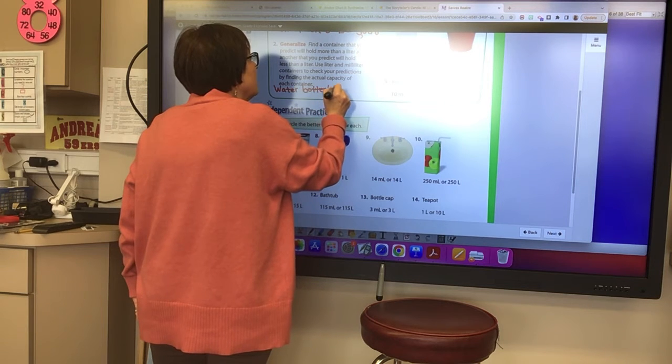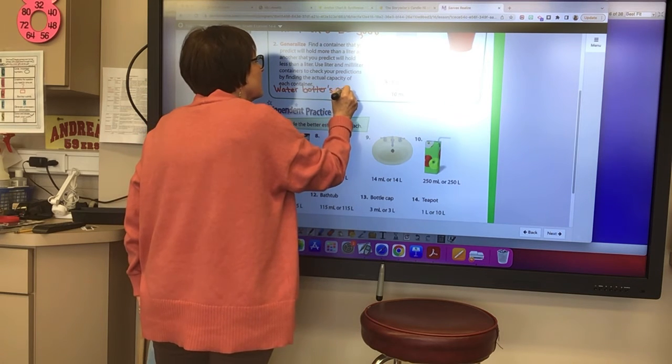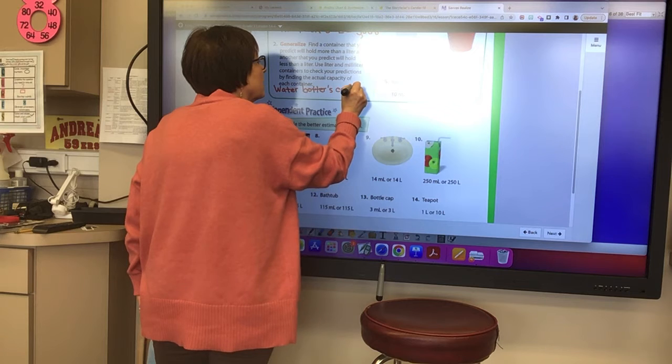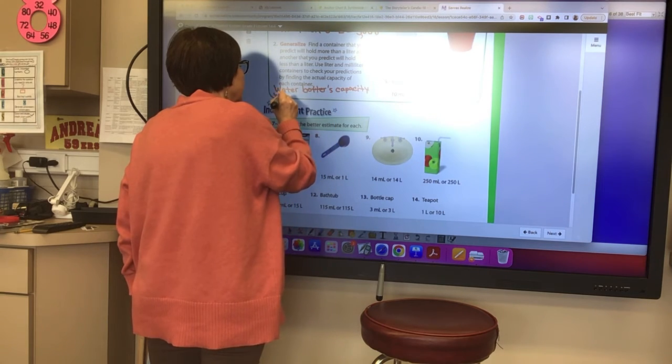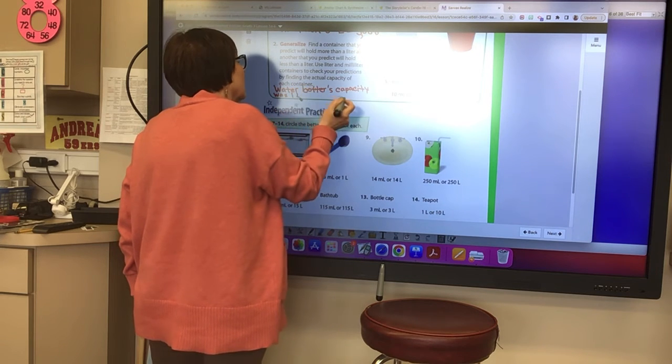So the water bottle's capacity was 1 liter.